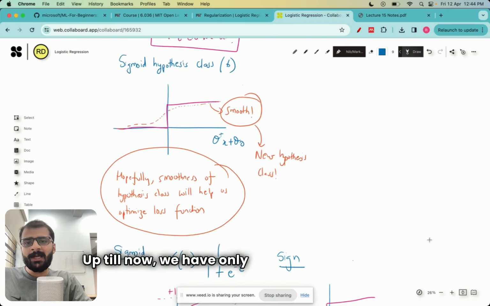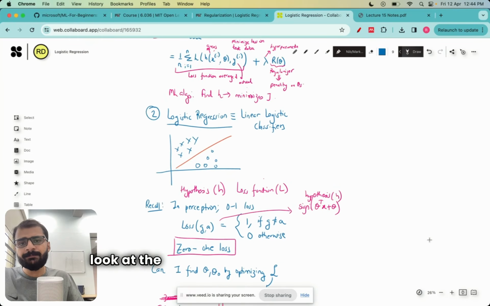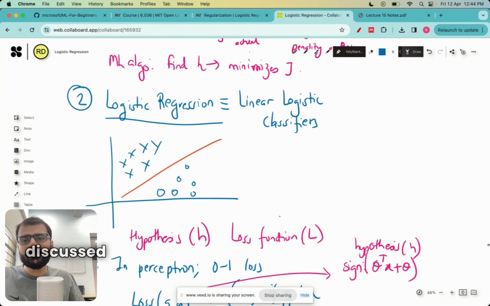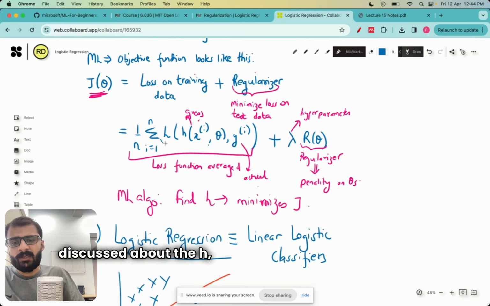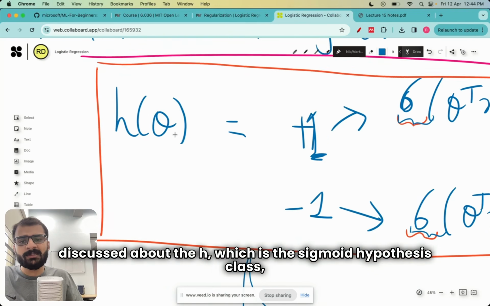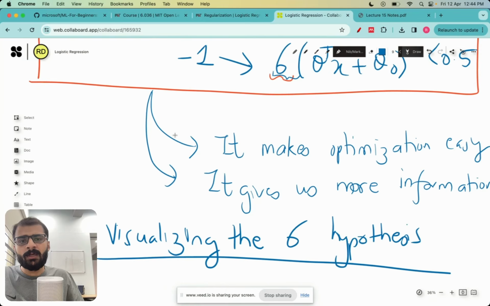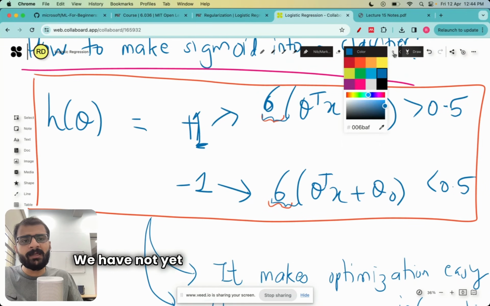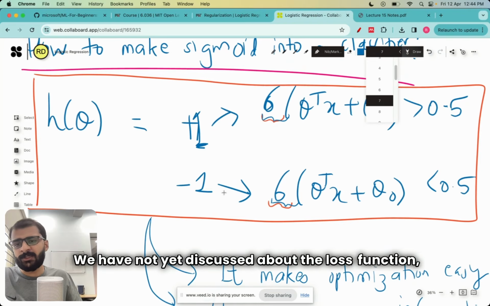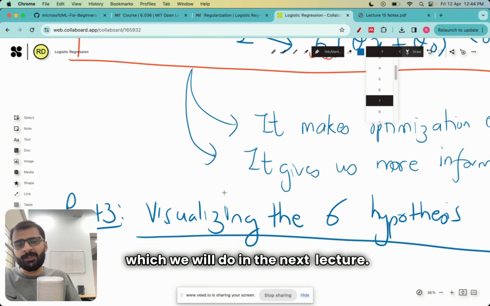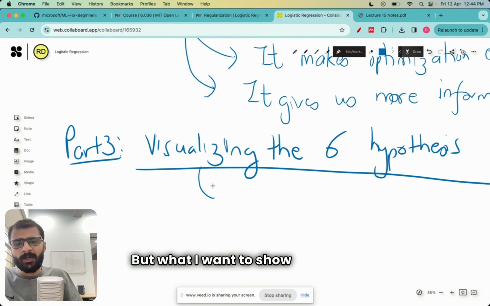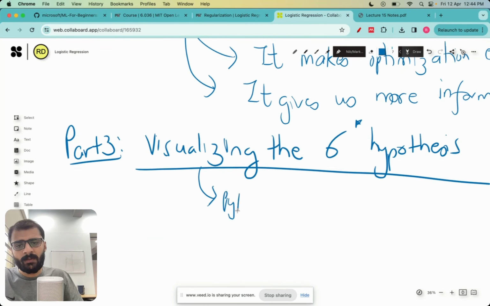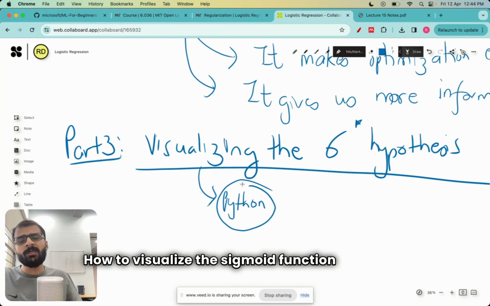Up till now, we have only discussed the H, which is the sigmoid hypothesis class. We have not yet discussed the loss function, which we will do in the next lecture. But what I want to show right now is how to visualize this hypothesis, the sigmoid function, in Python.